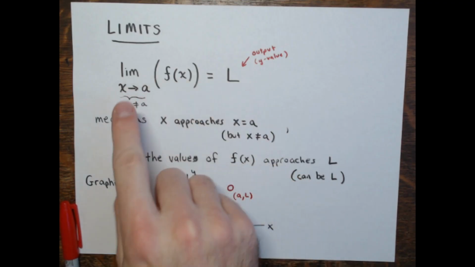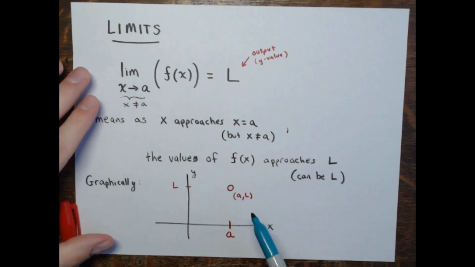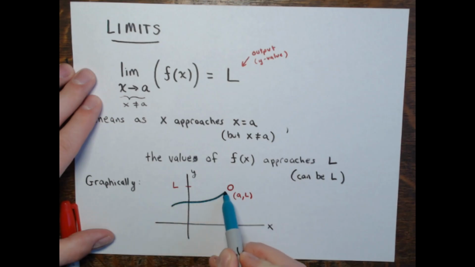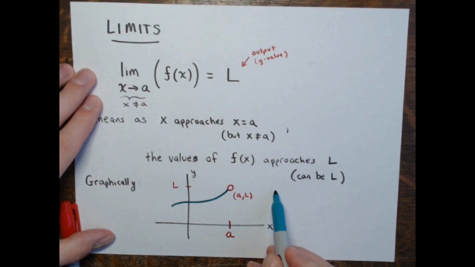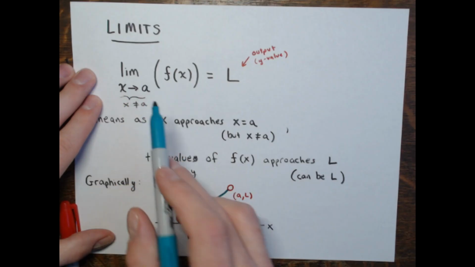So what this notation means graphically is that if I approach a from the left, the graph will approach this location with a y value of L. Same thing on the right side. This is going to be referred to as a two-sided limit later.